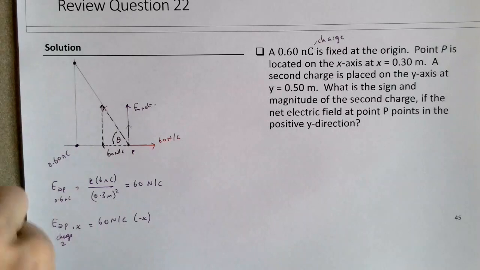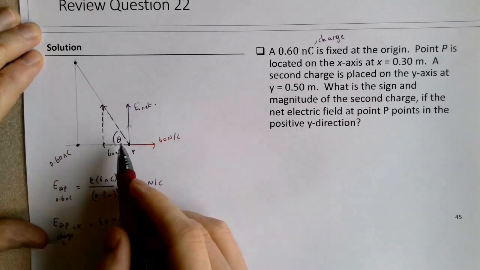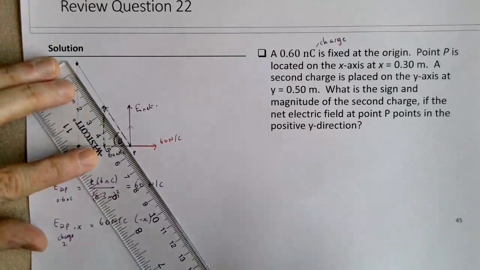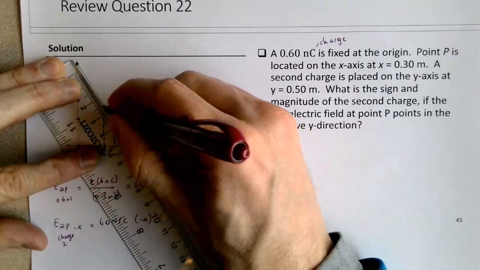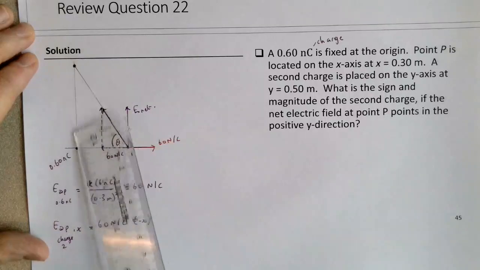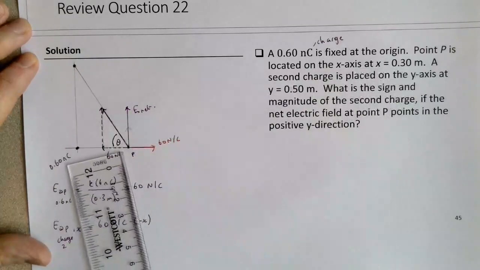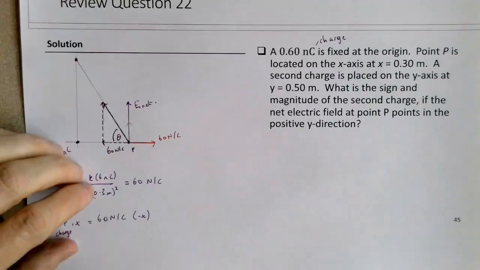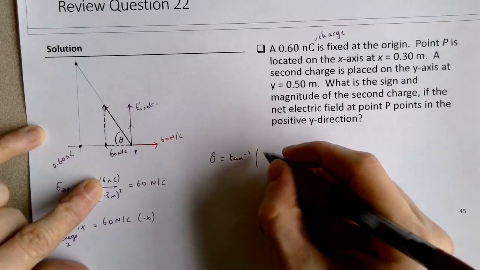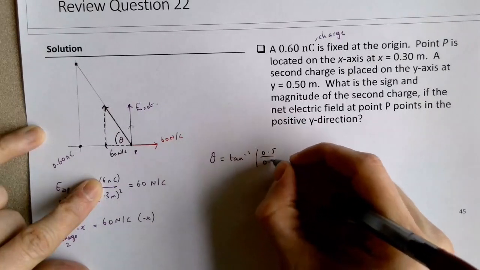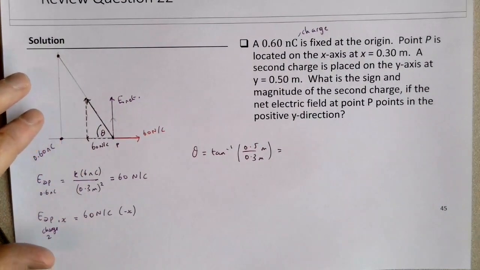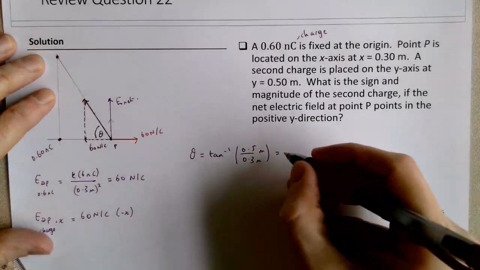Theta. So we know that this small triangle of the vector components, actually that shouldn't be a dotted line, that should be a solid line, is similar to the larger one, which has dimensions of 0.3 in x and 0.5 in y. So theta will be equal to the tan inverse of opposite over adjacent, so it's 0.5 over 0.3 meters, and that should give you an angle of 59 degrees.